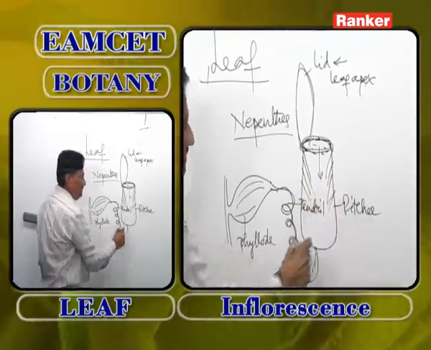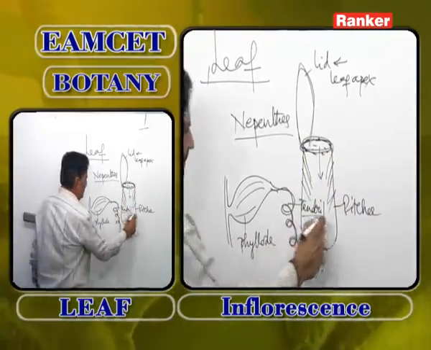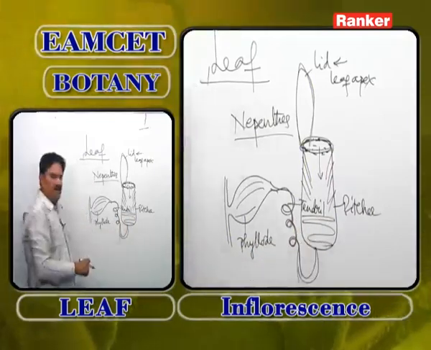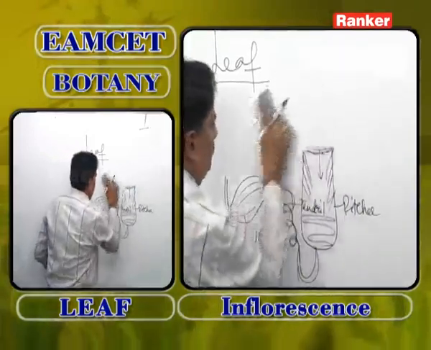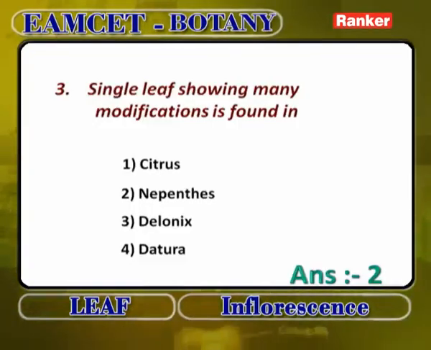Downwardly bent hairs do not allow the insects to come out. At the base, an acidic fluid is there. Ultimately, the insect is killed. So, the leaf shows maximum modifications. The answer is Nepenthes, not citrus, Delonix and Datura.